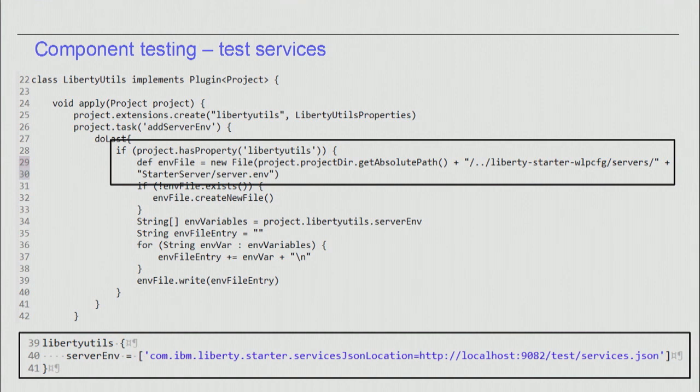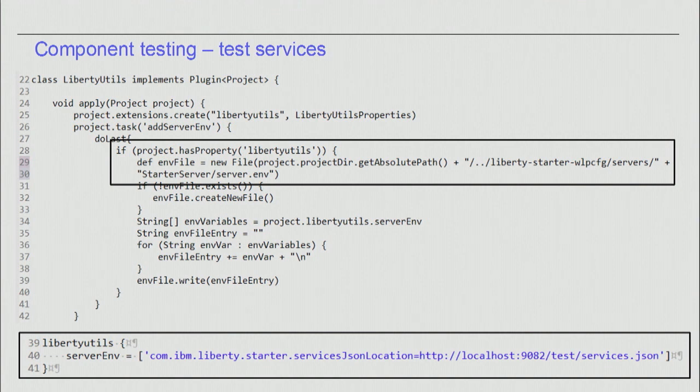And what you can do in Gradle is write your own Groovy files that then create sort of custom tasks. And in Liberty, you can create a server.env file, which is just a file that contains environment variables for your server. So what we do is we just have a custom Gradle task that, if a property is set, creates the server.env file with the properties you've specified.